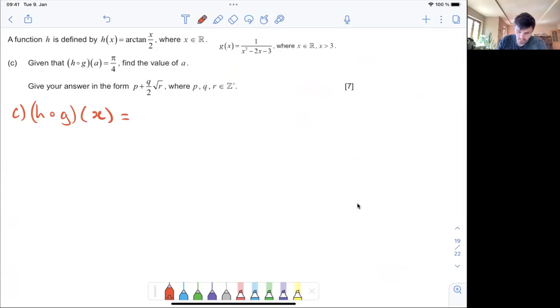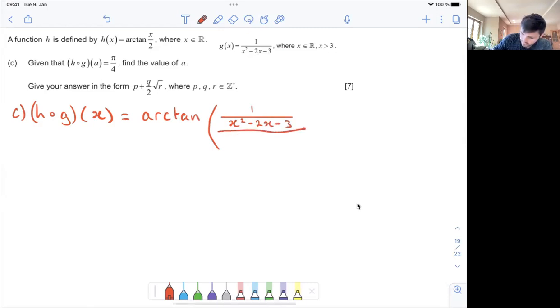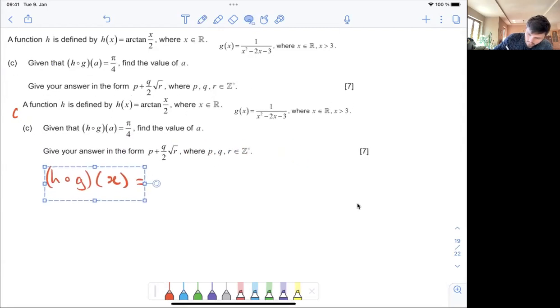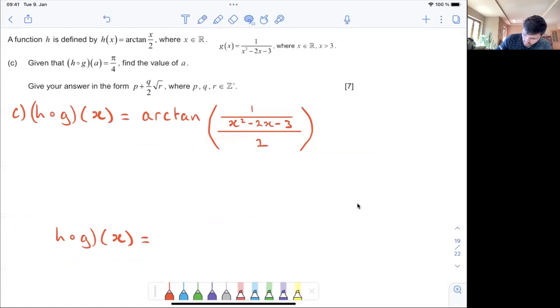So that's going to equal arctan of 1 over x squared minus 2x minus 3, and that's all over 2. All right, and then we can clean this up a little bit. Yeah, we can get rid of that.